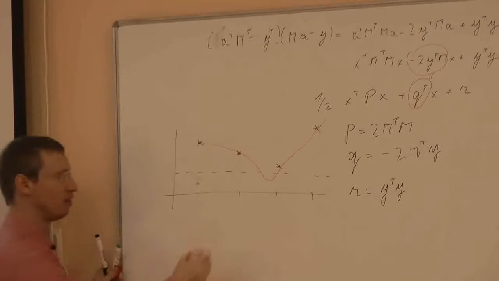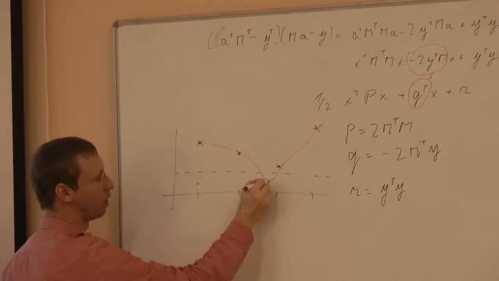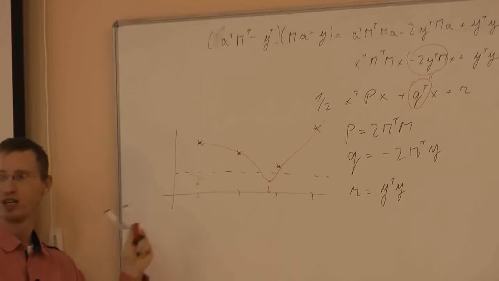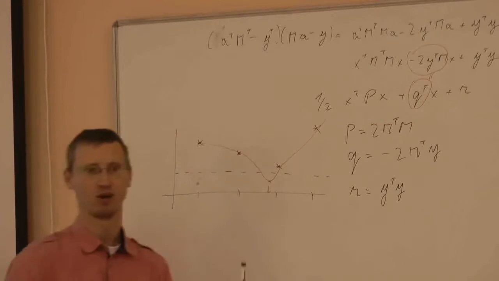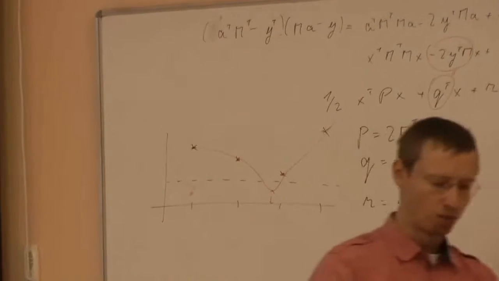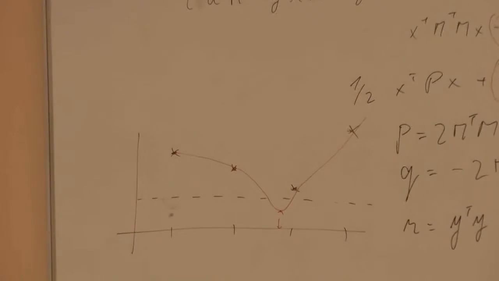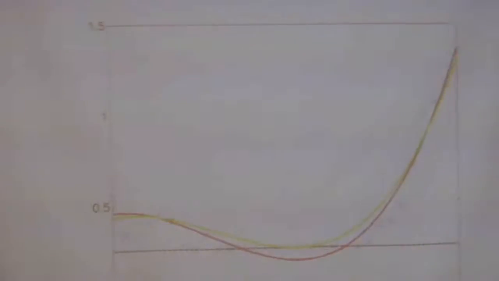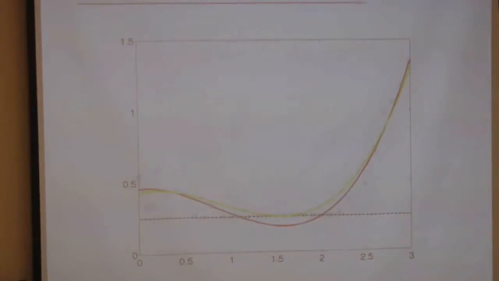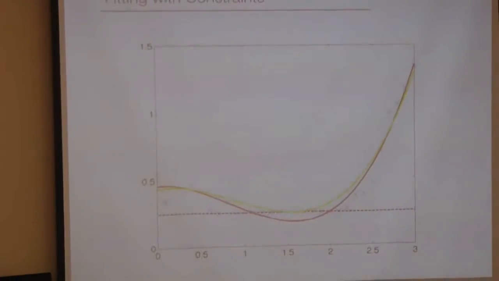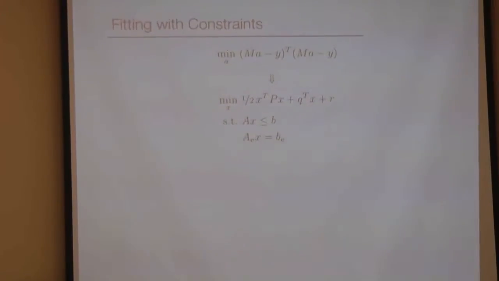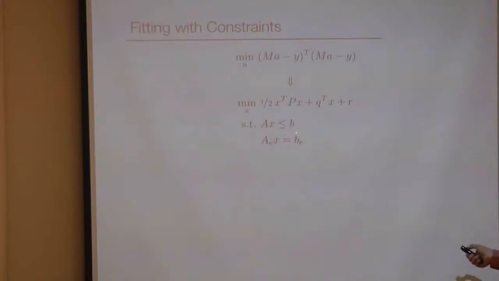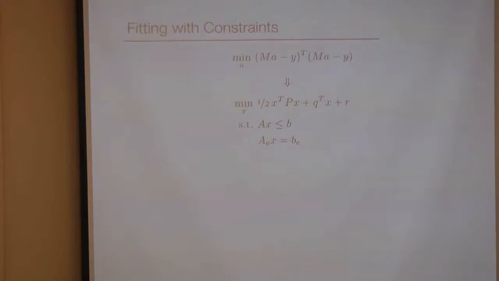And so this point here is not part of our data set, therefore here we cannot enforce the constraint to be valid. But if you have sufficiently many points, then you get a nice behavior. So how do we obtain such a constrained fit is rather easy, because we know that we can add equality and inequality constraints.